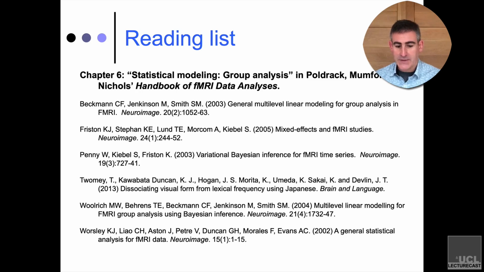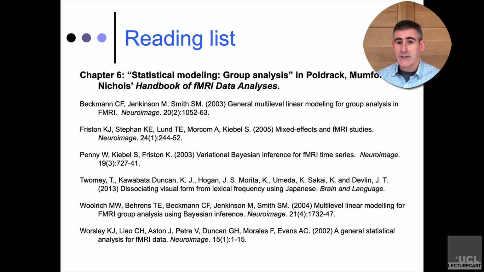Similarly, the Keith Worsley and the Mark Woolrich papers and the Will Penny papers, like the first two, are like the Beckmann and Friston papers. So I wouldn't necessarily recommend sitting down and trying to power through the lot of them at once. That would be a massive challenge. It took me a long time to read these and work through them over the course of my career. But I would highly encourage you to take that time and effort.